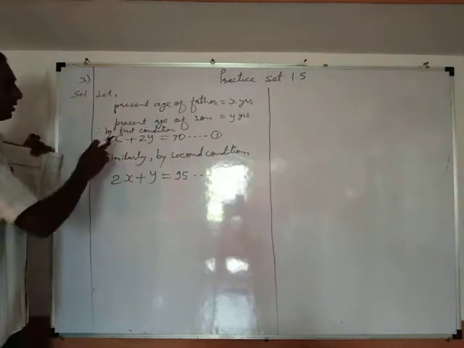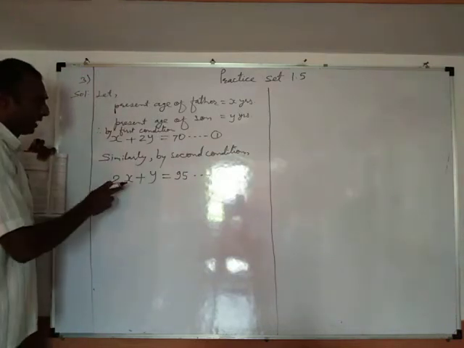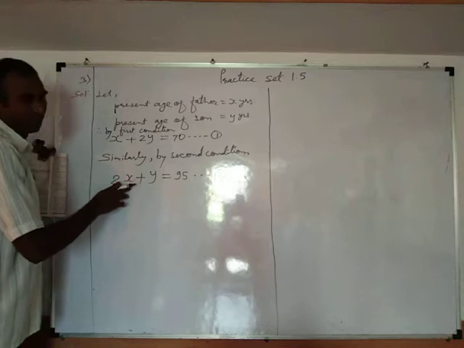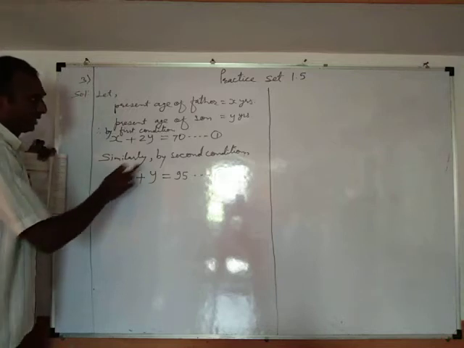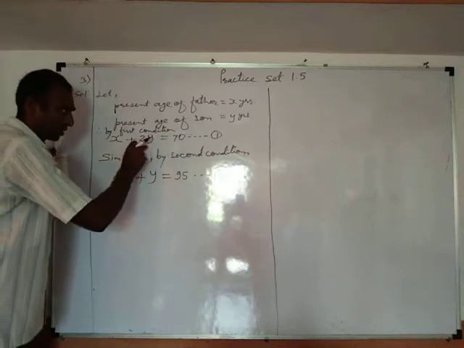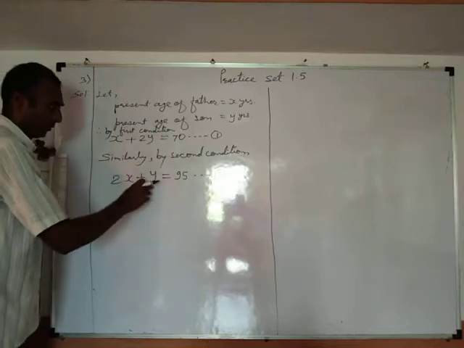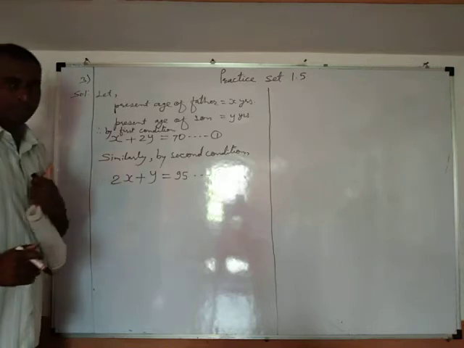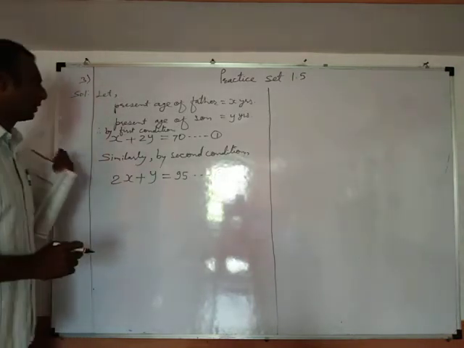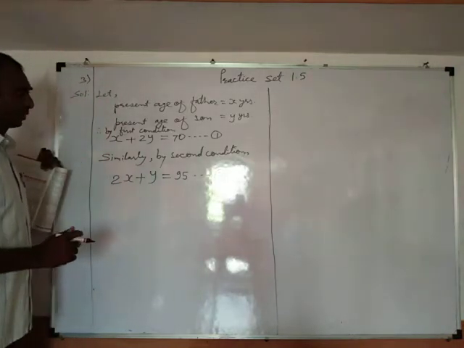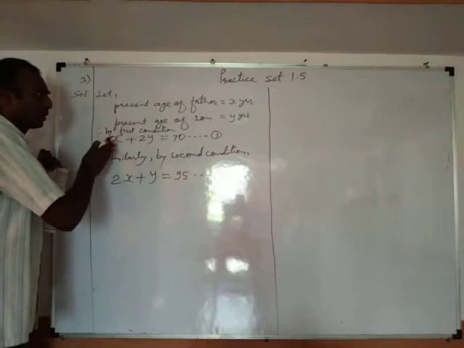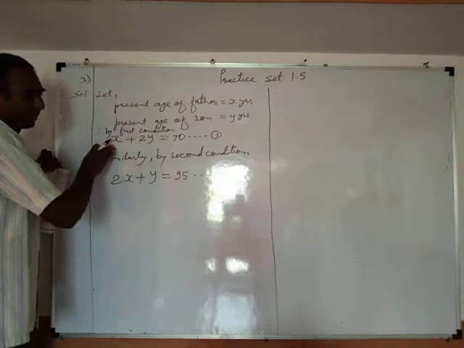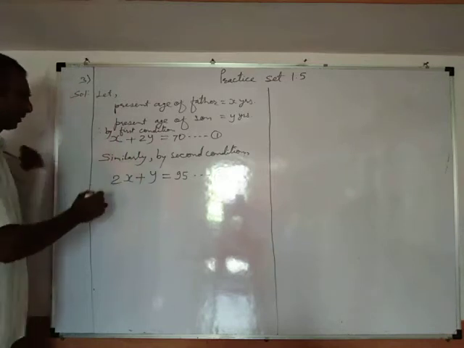Now here, coefficient of x in first equation is 1 and in equation second, coefficient of x is 2. Similarly, coefficient of y in first equation is 2 and coefficient of y in second equation is 1. Then either equalize the coefficient of x or equalize the coefficients of y. Okay, let's multiply equation 1 by 2 and subtract equation 2 from it.